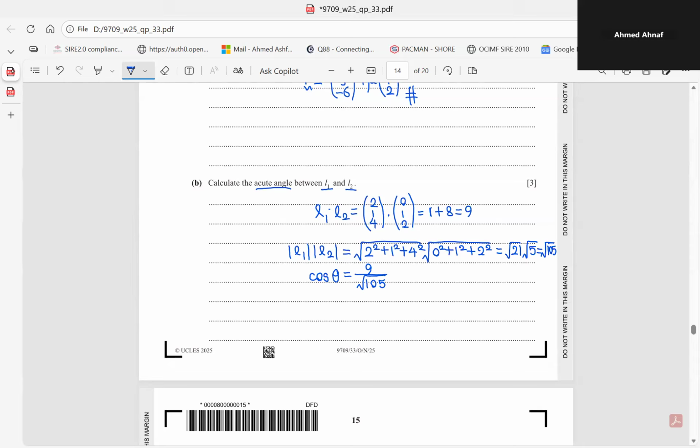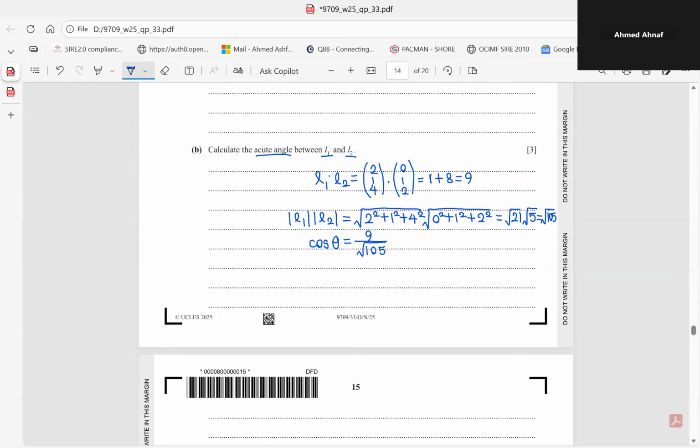If cosine is positive, we can be certain it's acute, because if you remember your trig, in the first quadrant all the ratios are positive, including cosine, whereas in the second quadrant, where all the obtuse angles are, cosine is negative and only sine is positive. All right, so that's how you make sure about that.